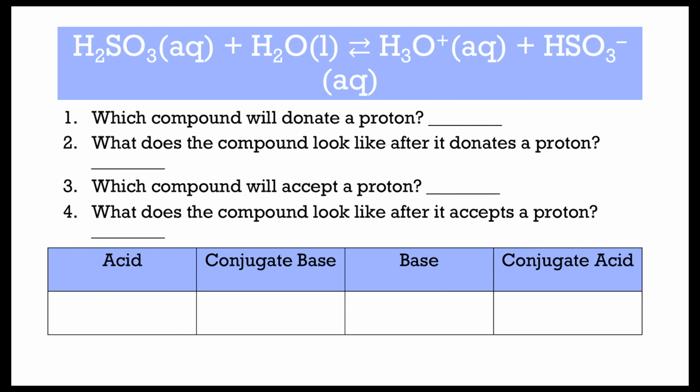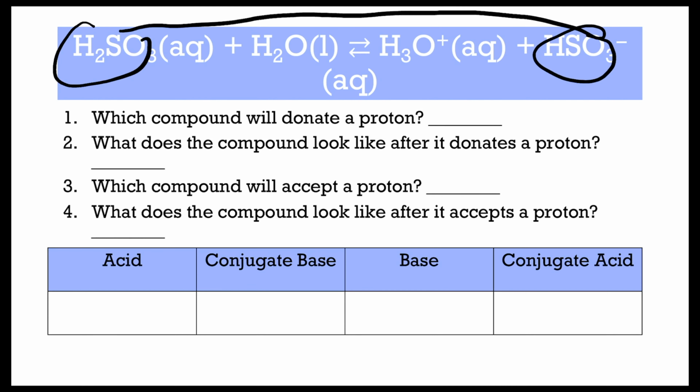If we look at it in this form, let's highlight our pairs again. Which one will donate? It hasn't done it yet, but has the capability of donating that proton, and that's H2SO3.